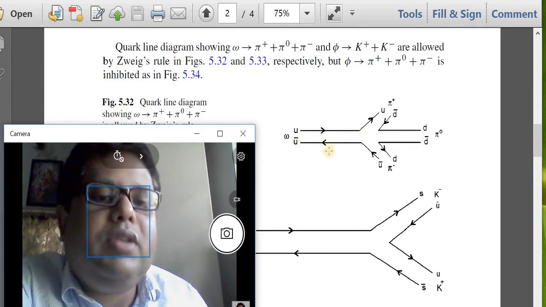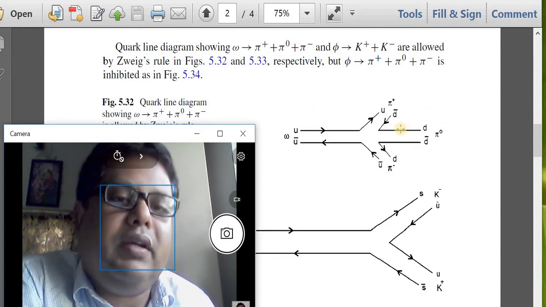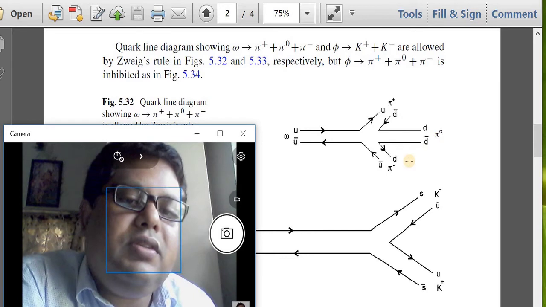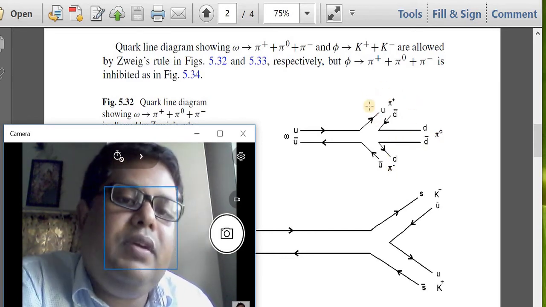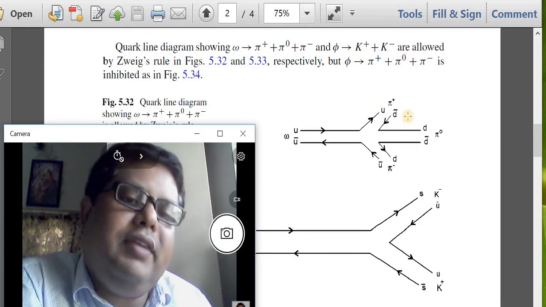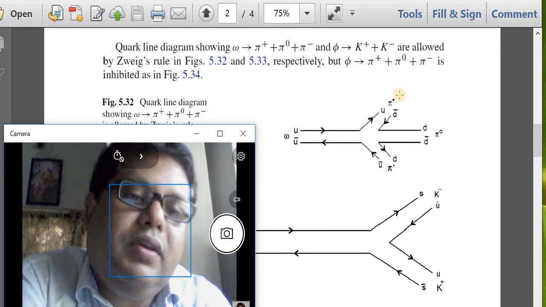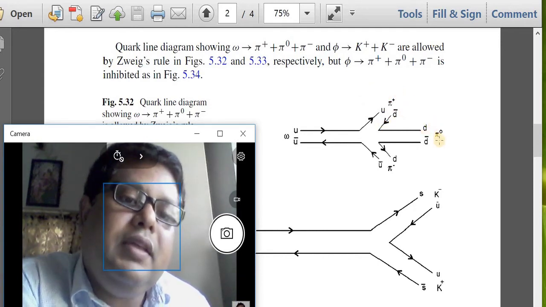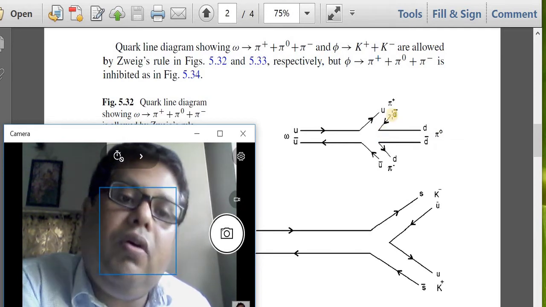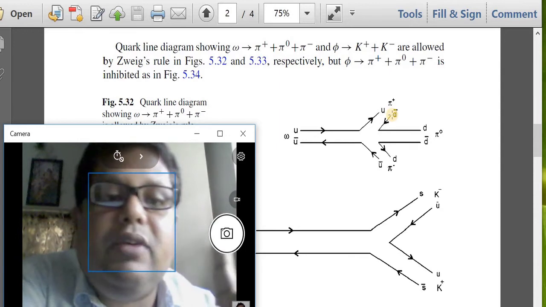Now this omega will create three particles, pi plus, pi 0 and pi minus. See how beautifully you can create this diagram. Again, this will be happening at a very high energy. Basically there is creation of two quark anti-quark pairs.